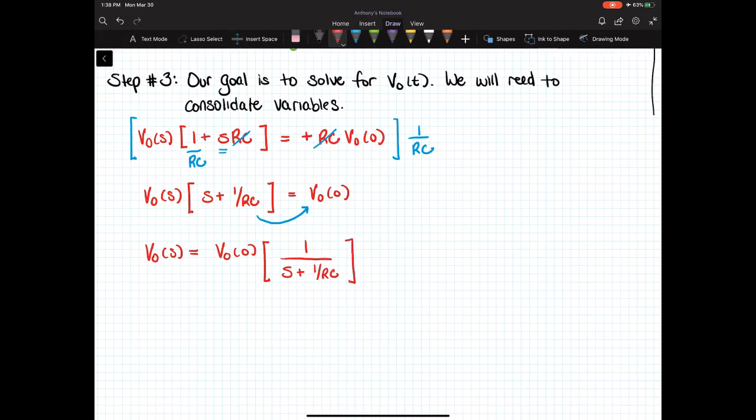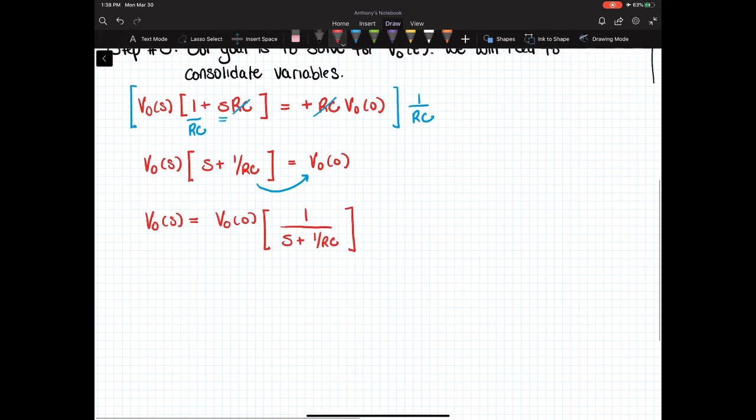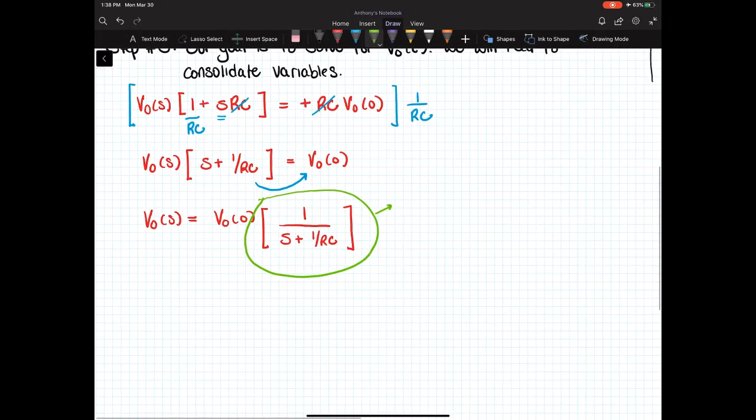Now, the good thing is that we have an element in the Laplace transform table for this, right? We know that the inverse Laplace of 1 over S plus alpha is equal to e to the negative alpha t. And so doing our inverse Laplace transform will be pretty easy.